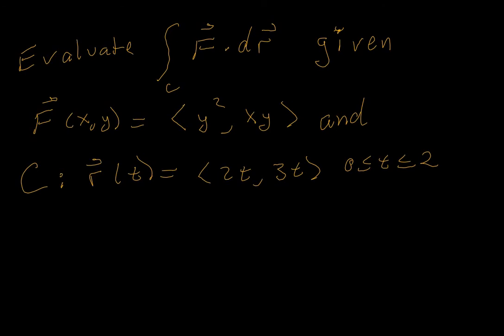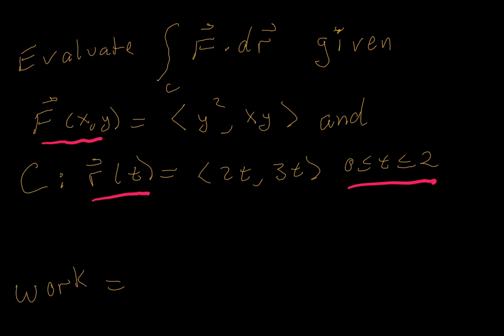So we have a vector field F of x, y is y squared comma xy, and then we have the curve r of t, and that is the vector, a simple vector, which happens to be a line, 2t comma 3t, and we have a time interval from 0 to 2. So our job is just to determine how do we set up this integral for work and what it's equal to.